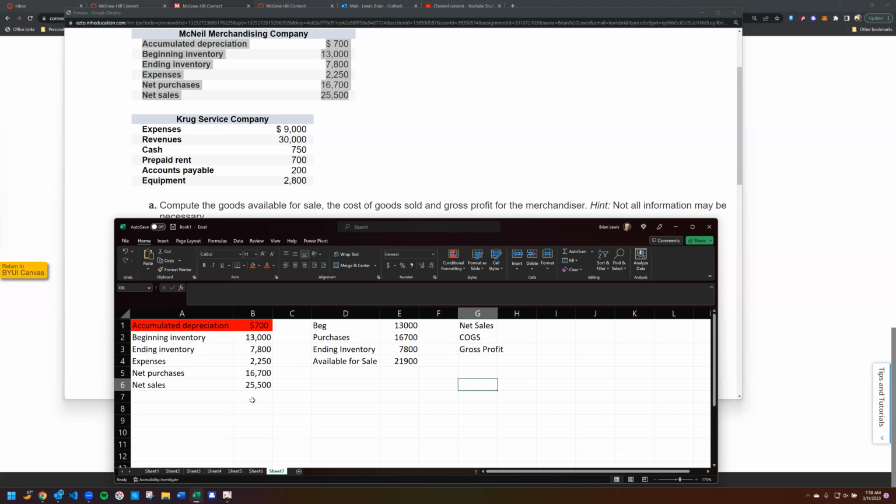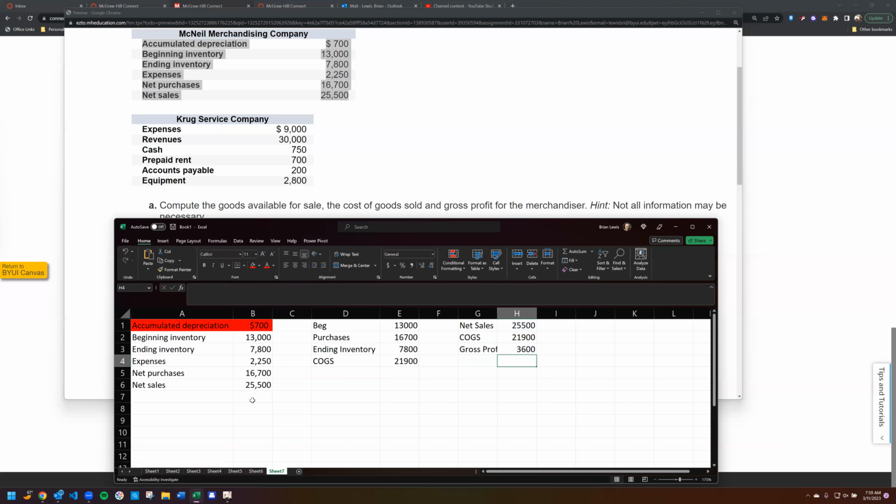So on this one, we're going to take the 25,500 and minus what I think is this COGS, 21,900.